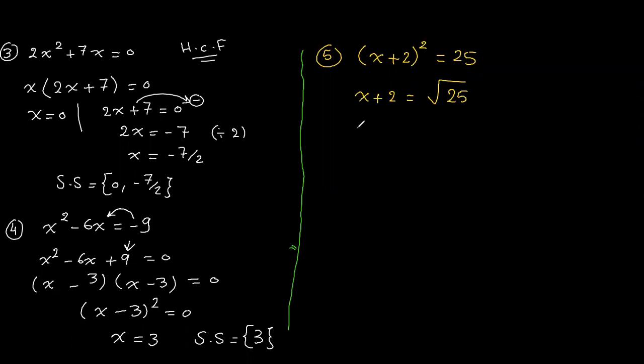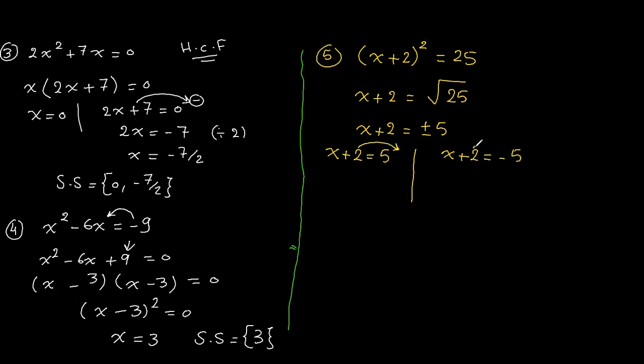As we know before, a square root has two solutions, positive and negative 5. So we have two answers here: x plus 2 equals 5 and x plus 2 equals negative 5.